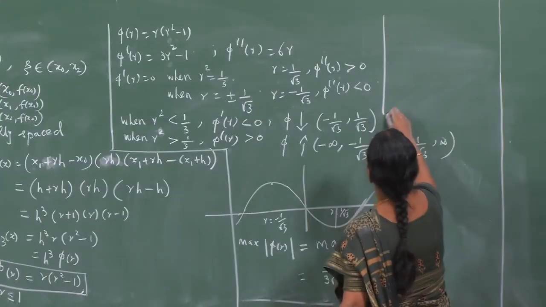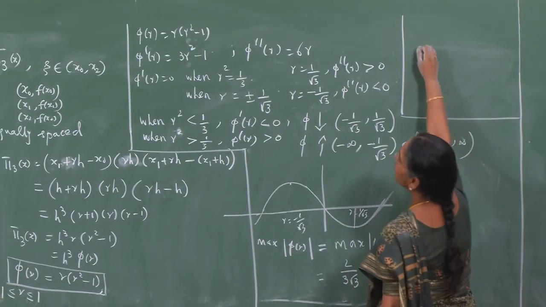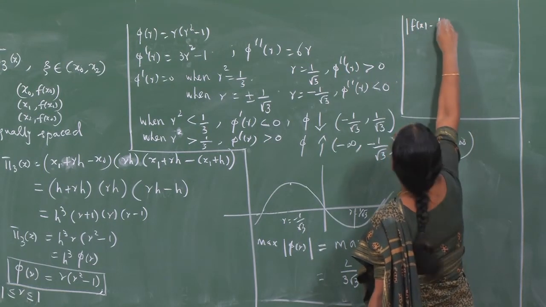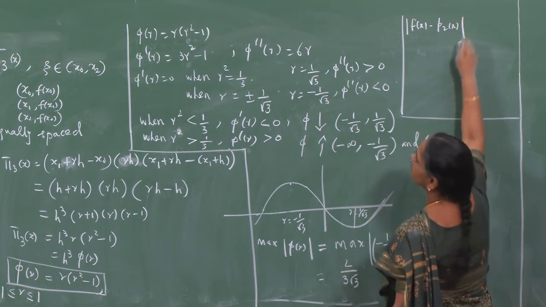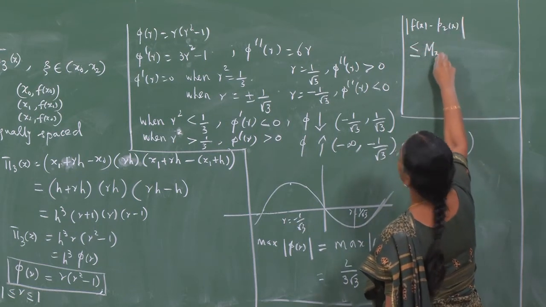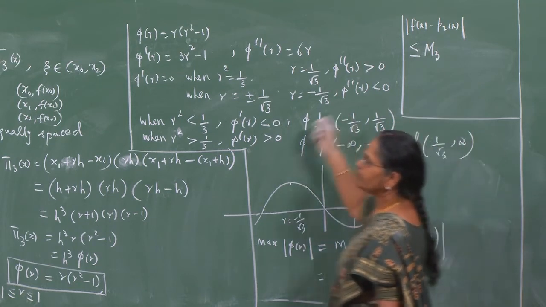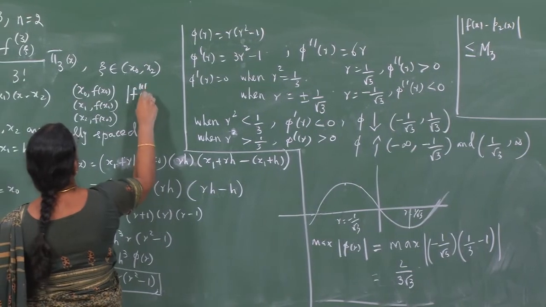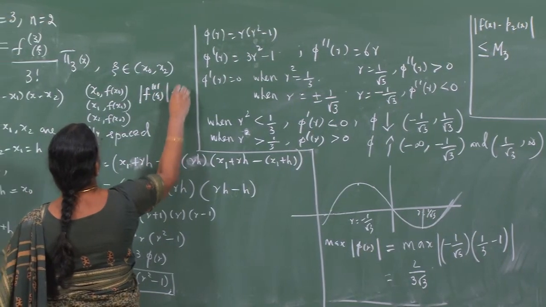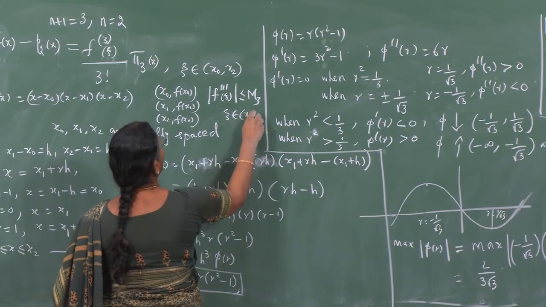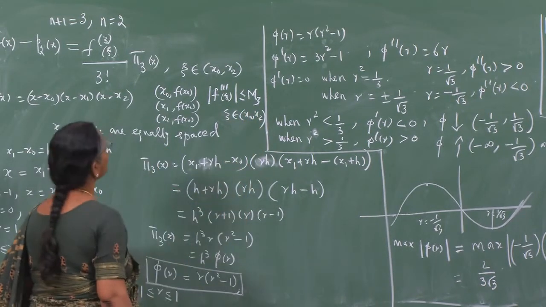So, let us work out the result here. So, modulus of f of x minus p 2 of x, therefore, is less than or equal to m 3. What is m 3? Modulus of the third derivative of f is less than or equal to m 3 for psi in the interval x naught to x 2.